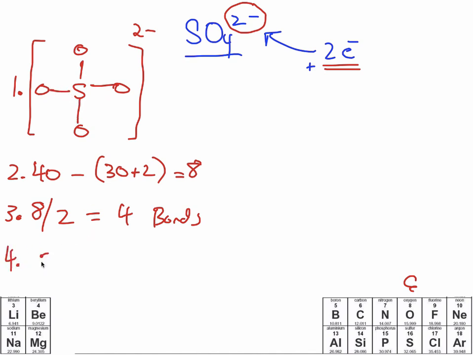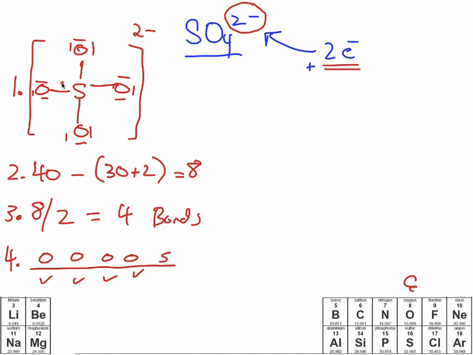Now what we're going to do is check everything out. So we got 4 O's and an S. All of these O's need 3 more lone pairs. And if you're in a bind, sometimes you can just draw the lone pairs as lines. I don't mind you doing that. Now they all have it. 2, 4, 6, 8 for each of the O's.